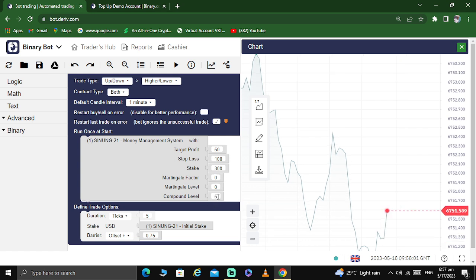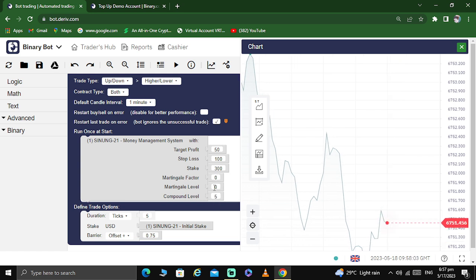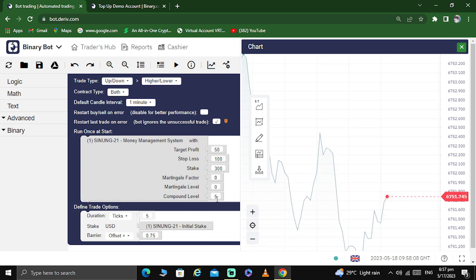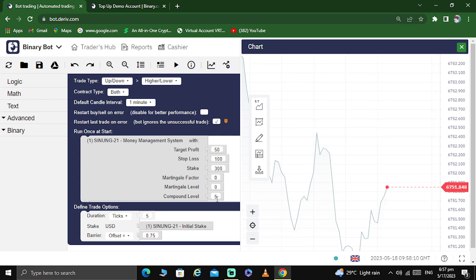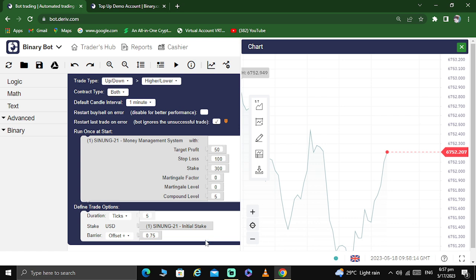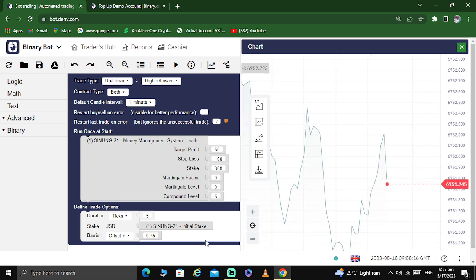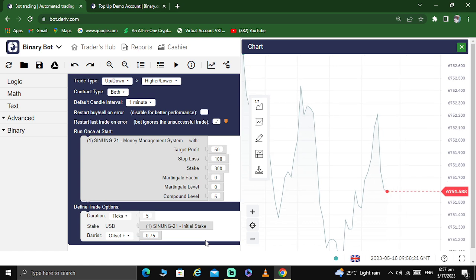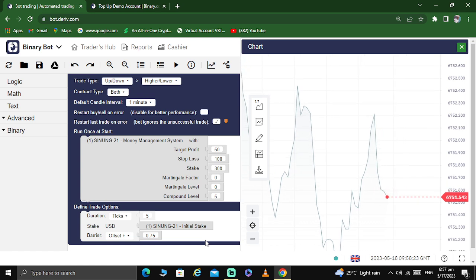I'm going to be having a core martingale level of 0 also, because we're not using any form of martingale, and the compound level of 5. So basically, what this means is that if we use a stake of 300, we make a profit of $10 in the first round. The $10 will be added to my next stake. So instead of going back again to the stake of 300, it will go to 310.